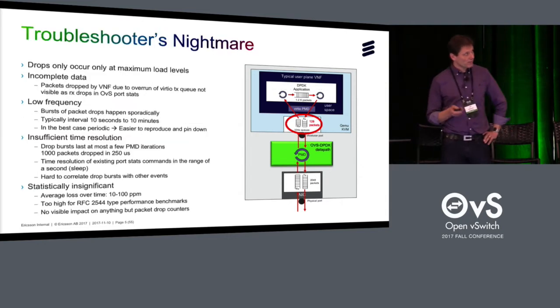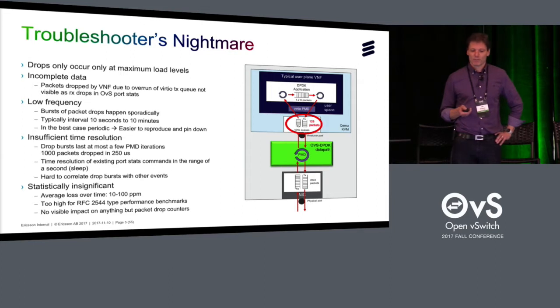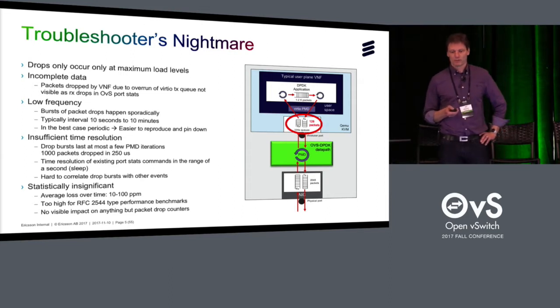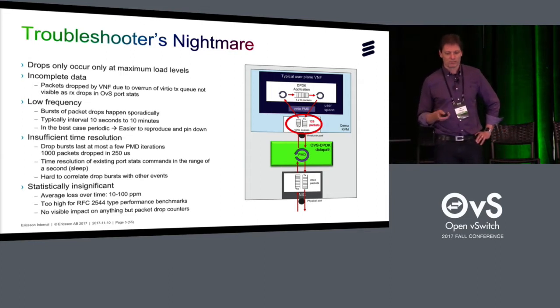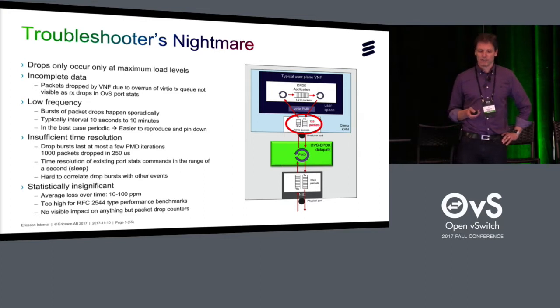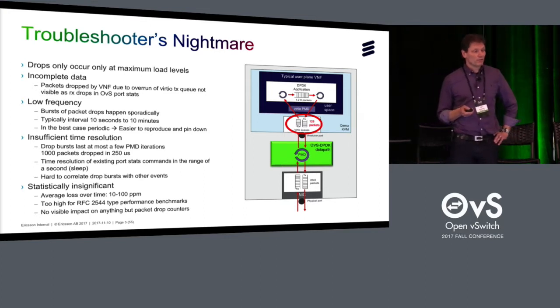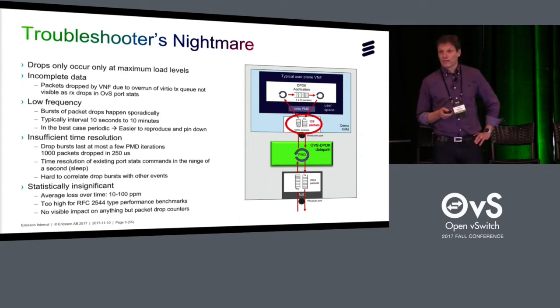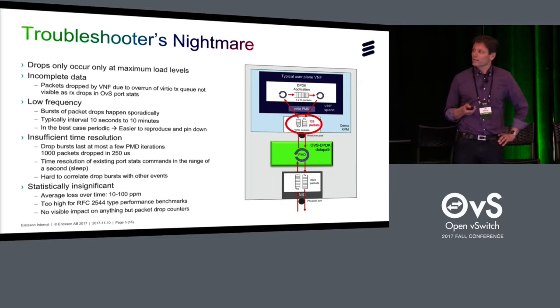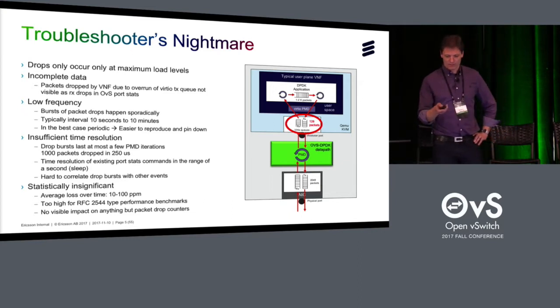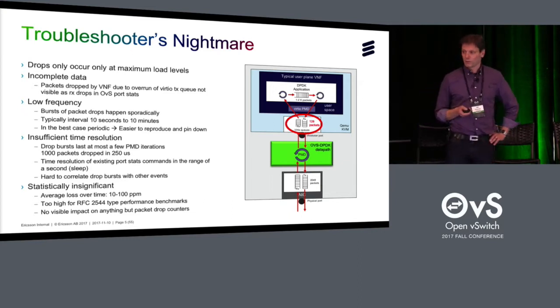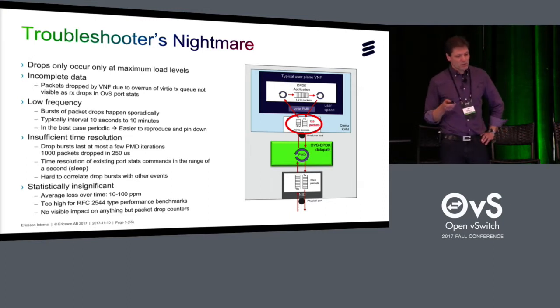First of all, these drops only really happen at maximum load levels. If you are not running at maximum load levels, the queues hide your real-time disturbances. When packet drop happens, it's typically only visible end-to-end, and the troubleshooter has incomplete data because the most likely place where packets are being dropped is these virtio queues, especially in the transmit direction from the VM into OVS.